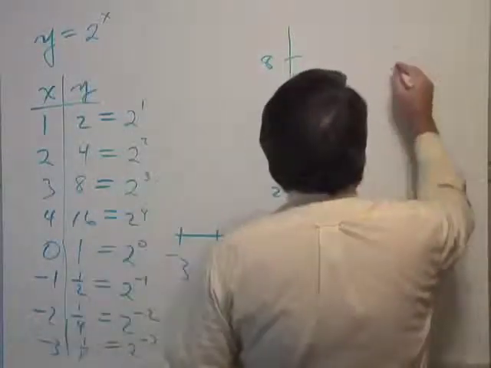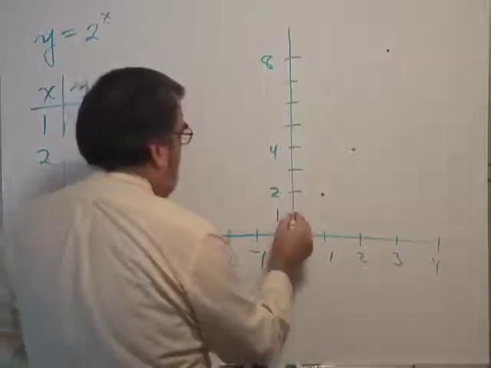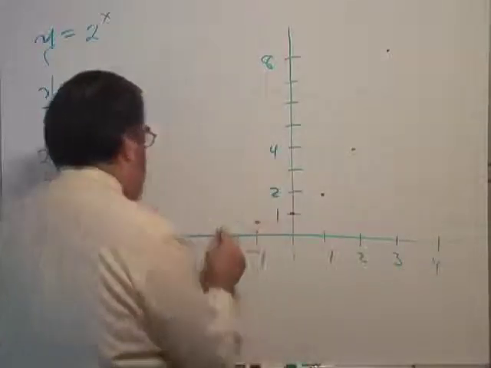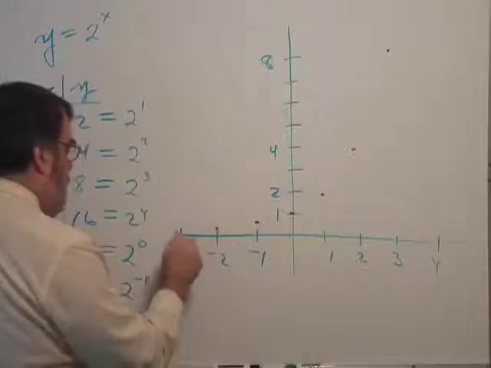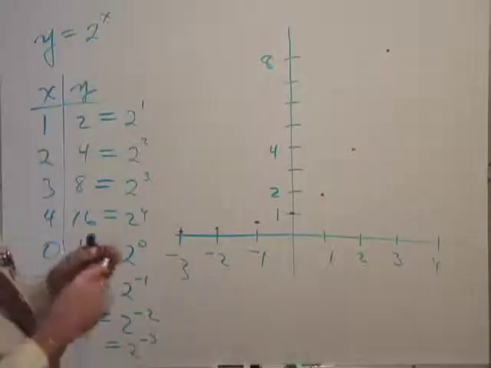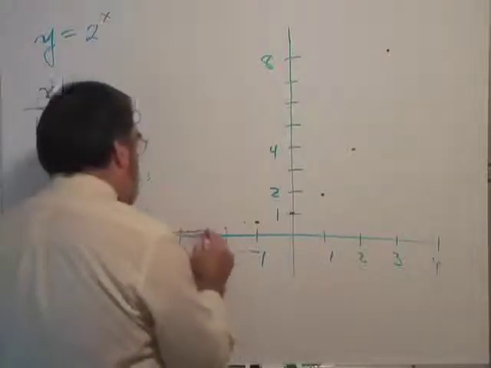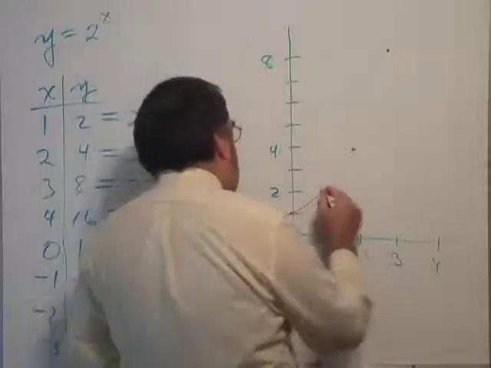And if we plot out the rest of them, you'll start to see a very regular pattern emerge here. It's not a straight line, obviously. In fact, it appears to roll upwards like this.